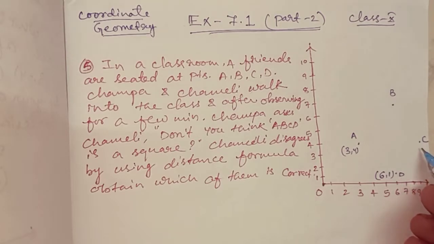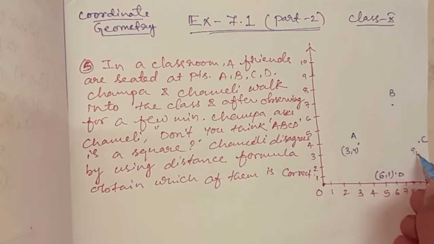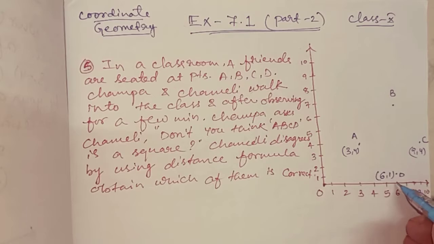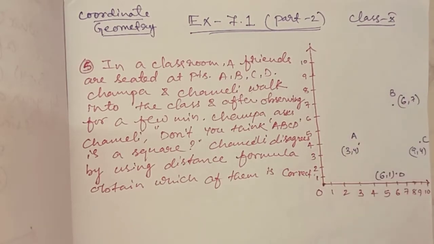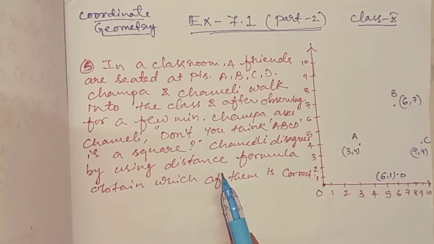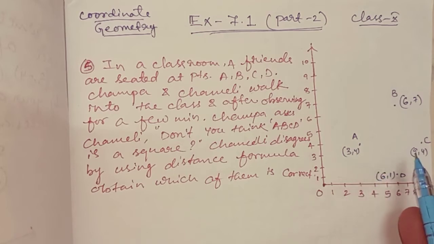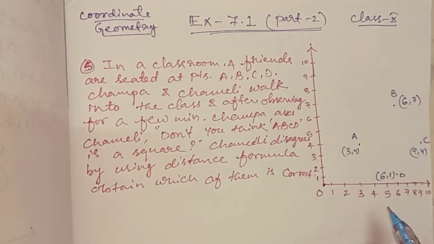Similarly, the coordinate of C is (9, 4), and the coordinate of B is (6, 7). This is a rough diagram to help you understand. Four friends are sitting at A, B, C, D, and Champa and Chameli are discussing whether the sitting arrangement is a square or some other kind of quadrilateral.